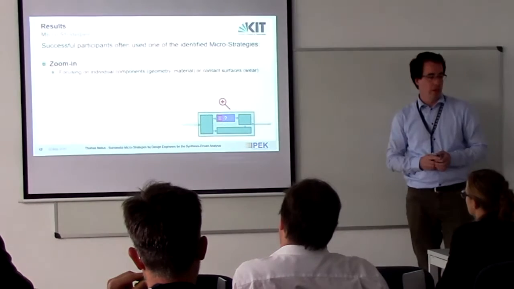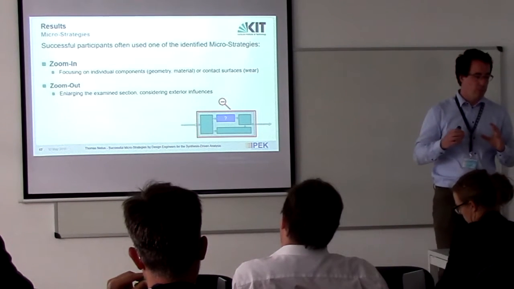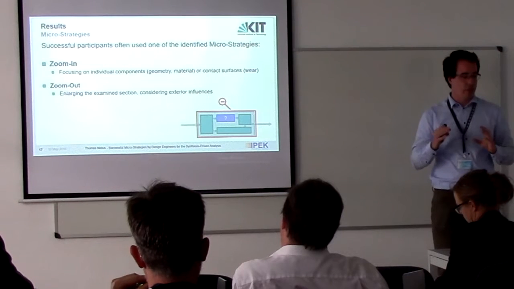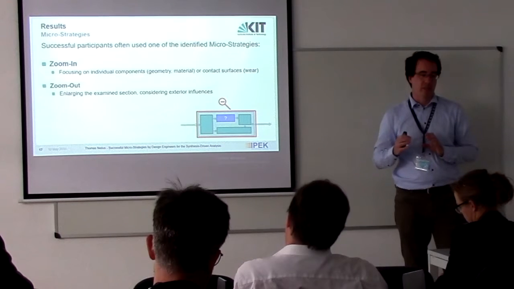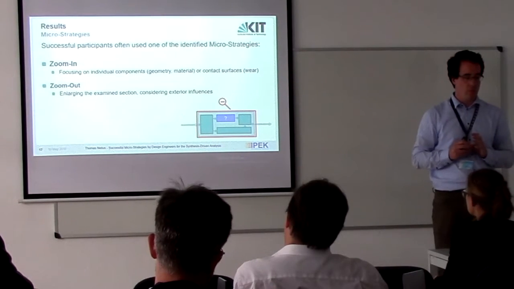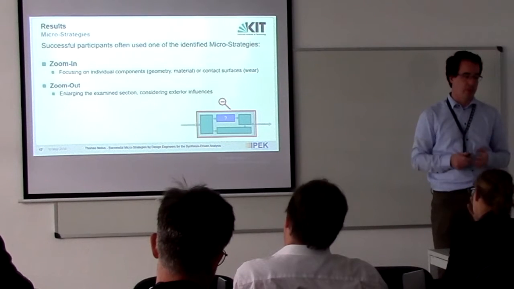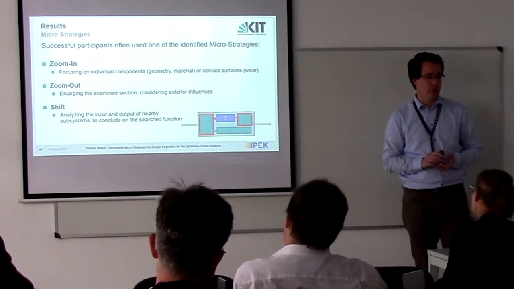And of course, if you can zoom in, you can also zoom out. So some participants enlarged their examined section, and so they could consider exterior influences from the environment or from other subsystems. And the third microstrategy is called shift.